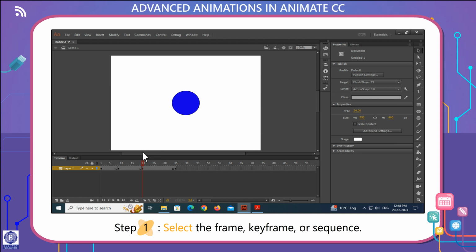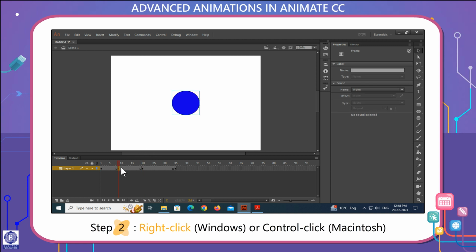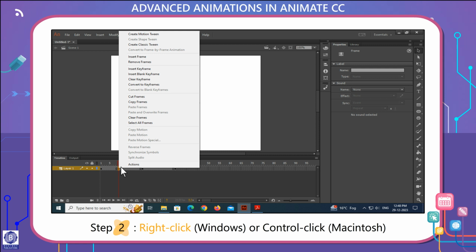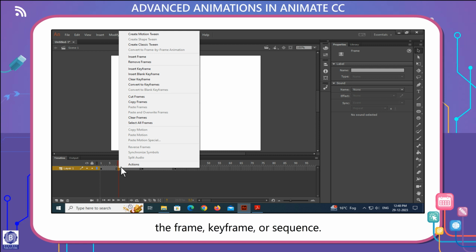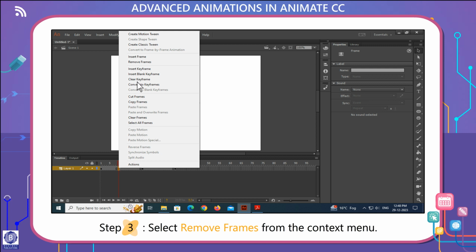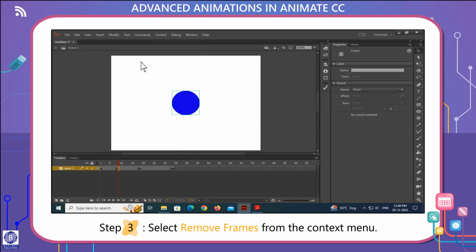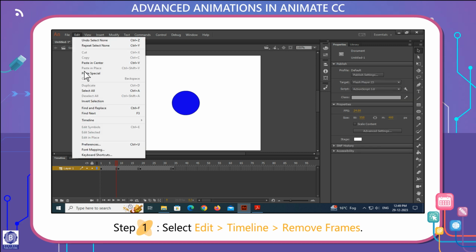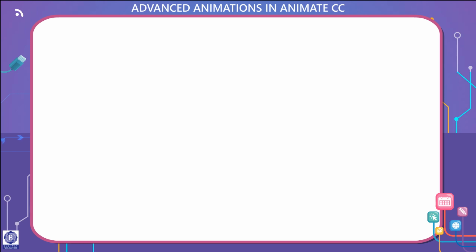Select the frame, keyframe, or sequence. Step 2. Right-click (Windows) or Control-click (Macintosh) the frame, keyframe, or sequence. Step 3. Select Remove Frames from the context menu. Surrounding frames remain unchanged. Or Step 1. Select Edit, Timeline, Remove Frames.